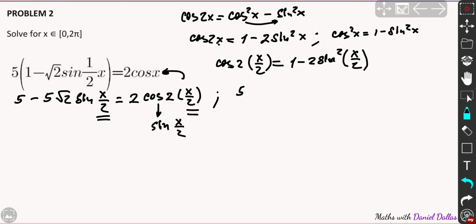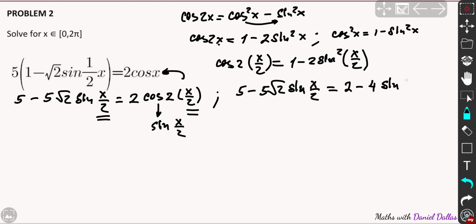So writing our equation, we'll get the following. 5 minus 5 square root of 2 sine x over 2, and that will be equal to 2 minus 4 sine squared x over 2. I expanded the brackets simultaneously.